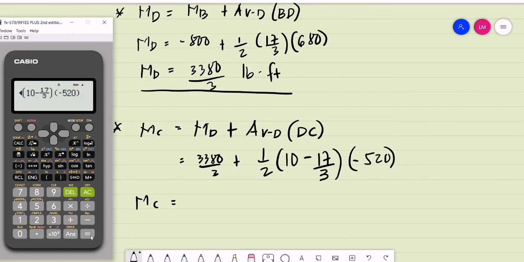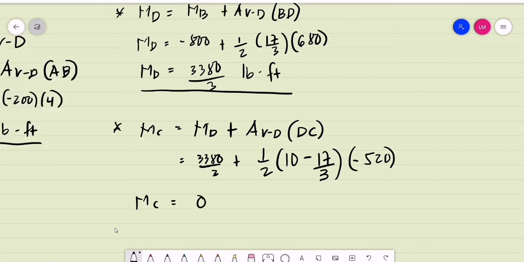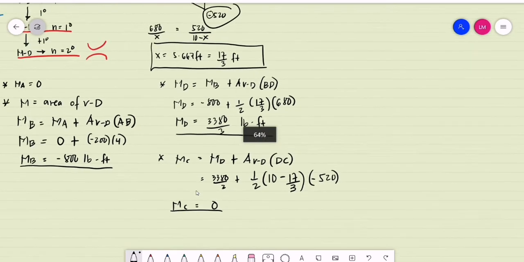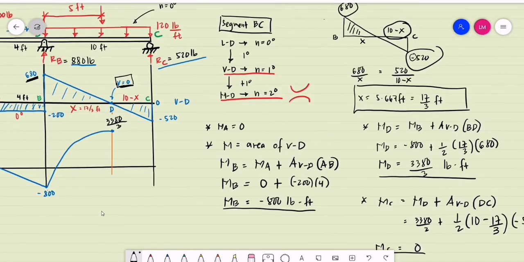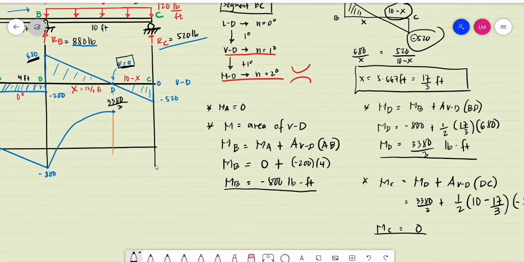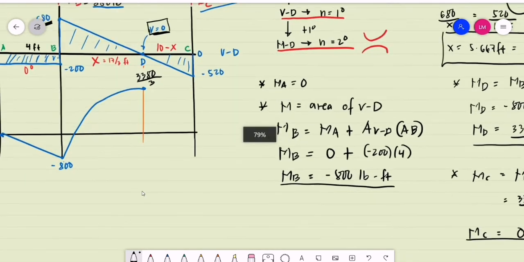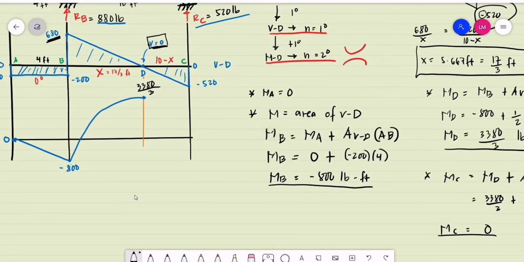So the moment at C is equal to 0. It is expected, and one way to check our moment diagram, that the moment at C should be equal to 0 since that is a roller support. But what will be the opening of the curve? Again, for this segment our graph should be a second degree curve, a parabola.